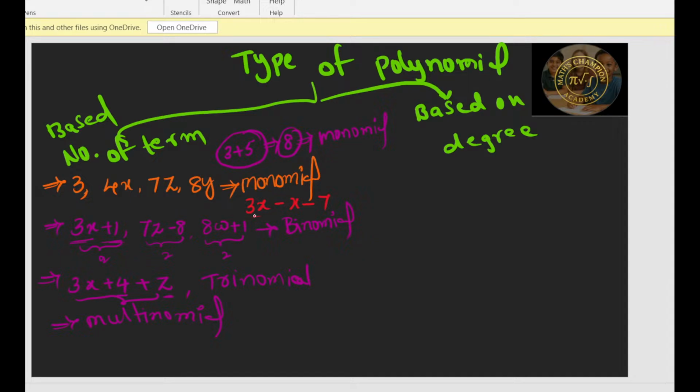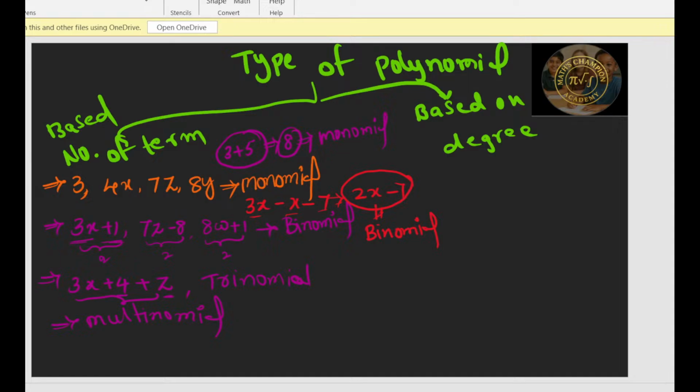Generally we see 3 terms, but 3x and minus x are like terms, so we can write 3x minus x as 2x, giving 2x minus 7. Now look at the result: only 2 terms are there, so it is a binomial. We can't say it is a trinomial.